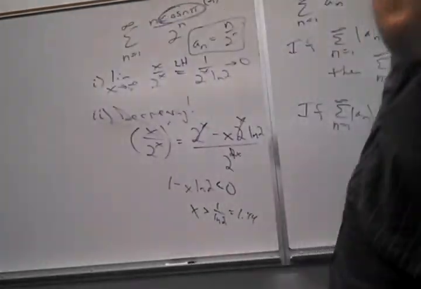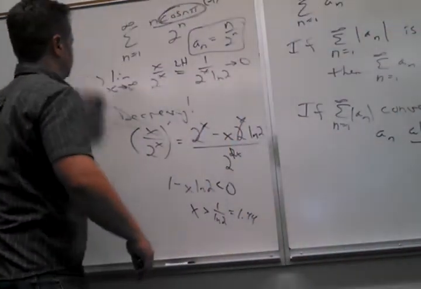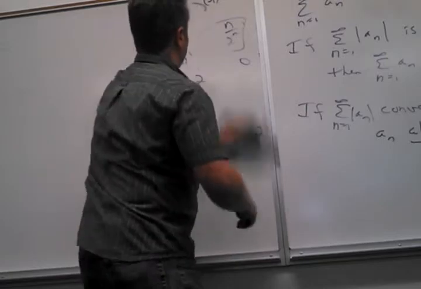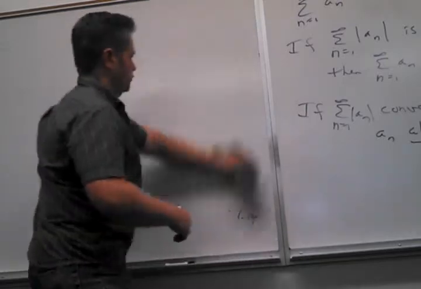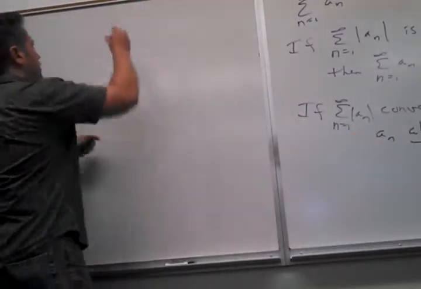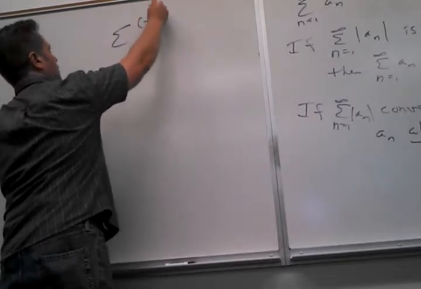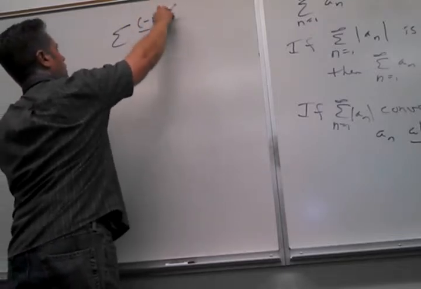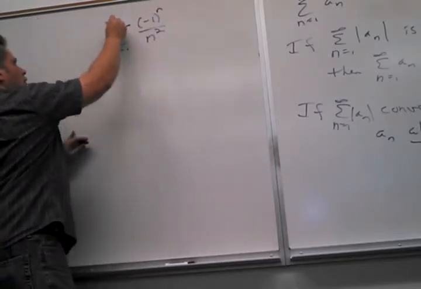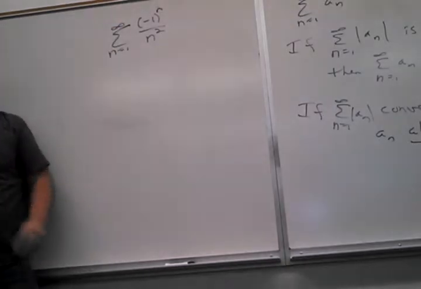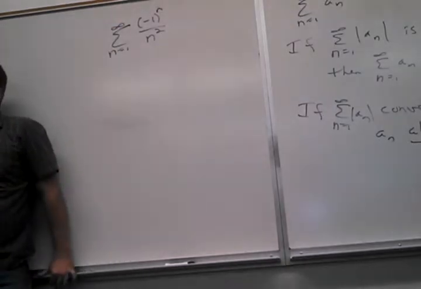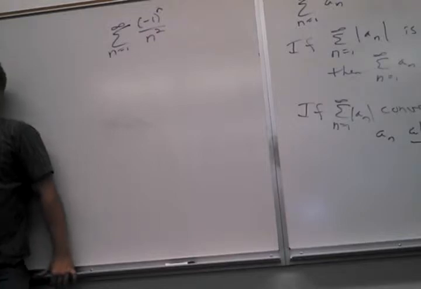So, for example, a very, very easy one. Why is this absolutely convergent here? Because the absolute value of it would just leave 1 over n squared, which is convergent, right?